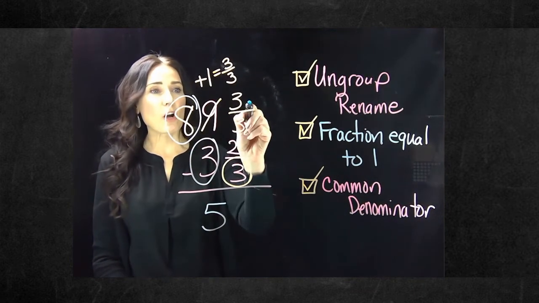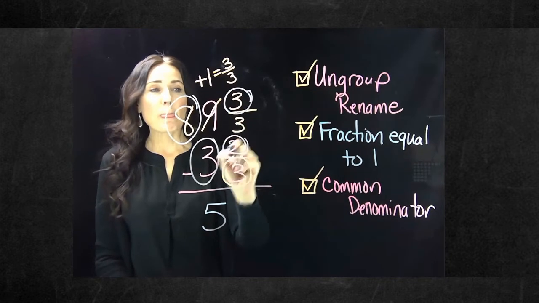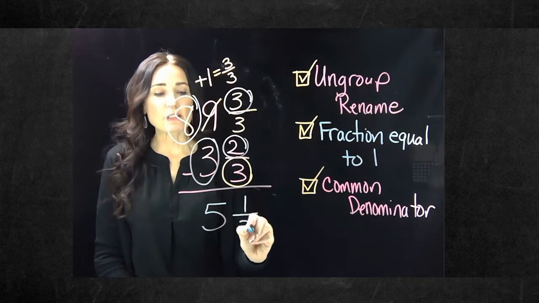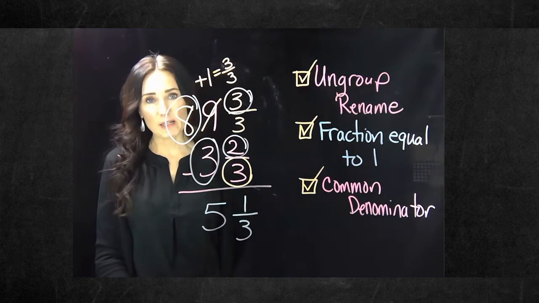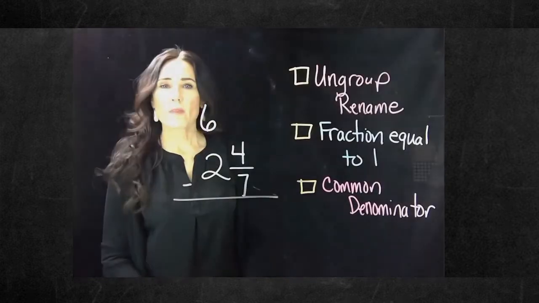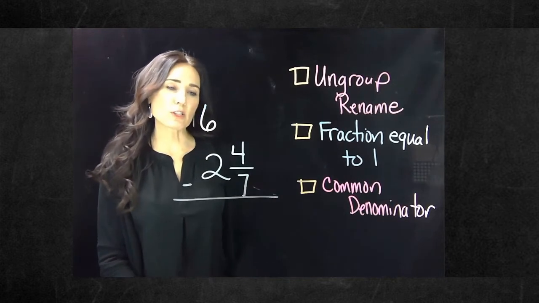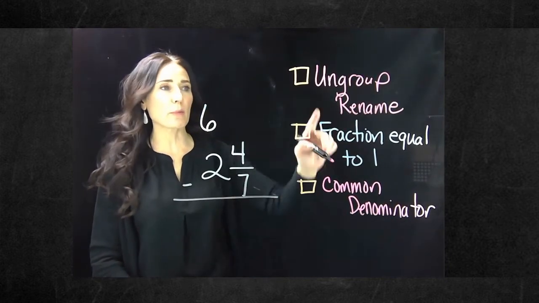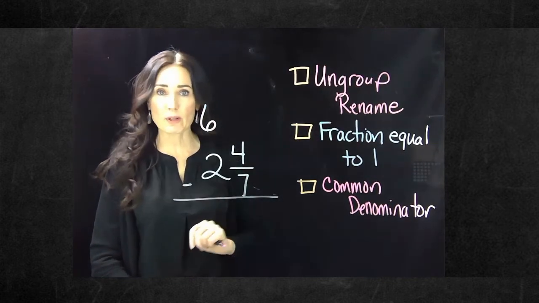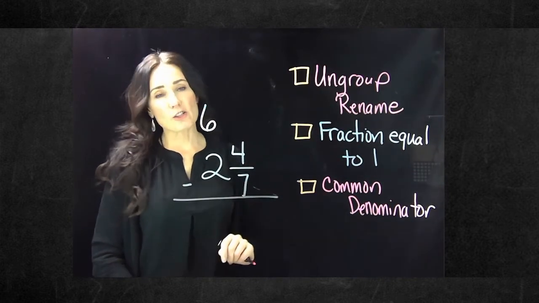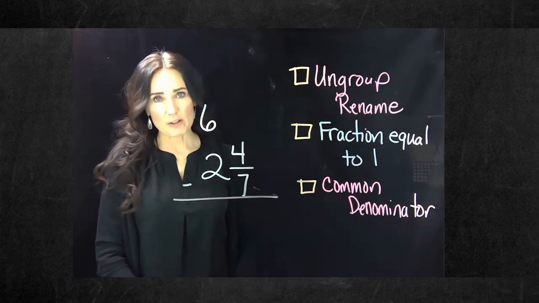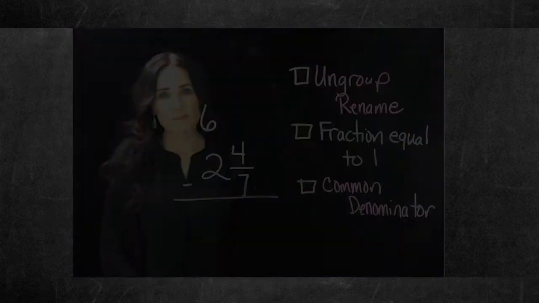And let's subtract our numerators: 3 minus 2 equals 1. And we're always going to keep that common denominator. All right, so let's take a look at this one. Go ahead and pause the video and see if you can solve this on your own. Remember to ungroup and rename your whole number, make a fraction that's equal to 1, and make sure you use a common denominator.